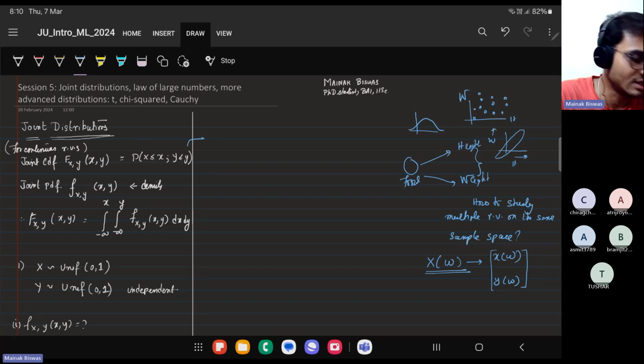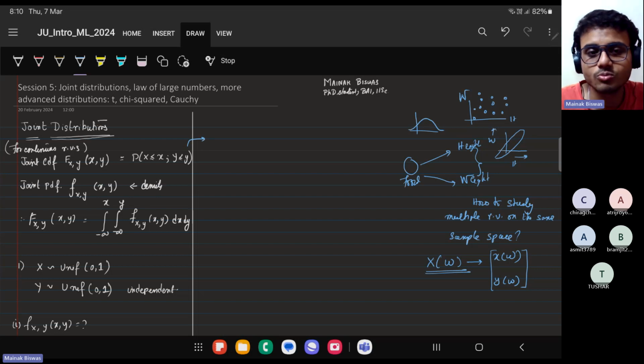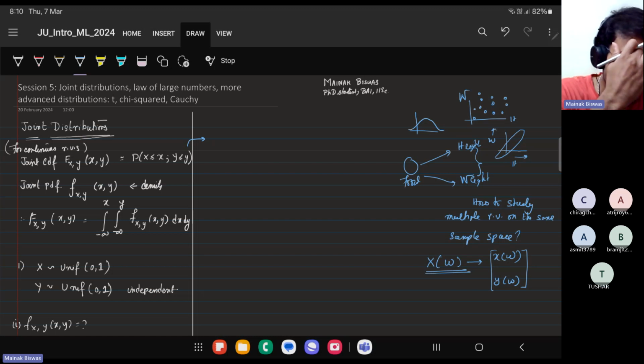I'll be teaching you joint distributions through examples, because teaching rigorously and with abstractness could throw you off. So I'll not go into abstractness. Let us take examples. The first example: what is the joint distribution of X comma Y?